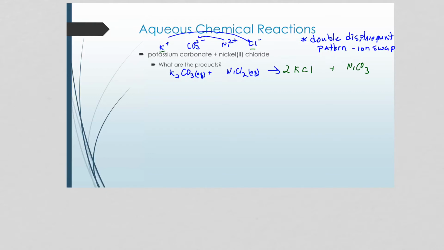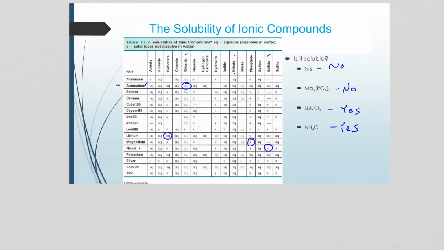So now my equation is balanced. Okay, so now let's jump back to my solubility rules and check these. So how about KCl here? Let's find potassium, and then let's go across to my chloride. And so potassium chloride is going to be aqueous.